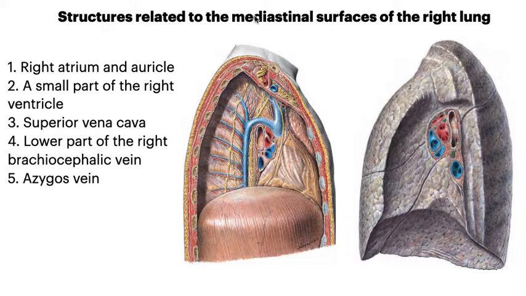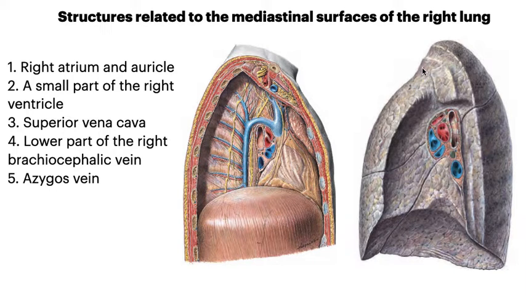Structures related to the mediastinal surface of the right lung. This is the right atrium and the right auricle on the right side, a small part of the right ventricle.